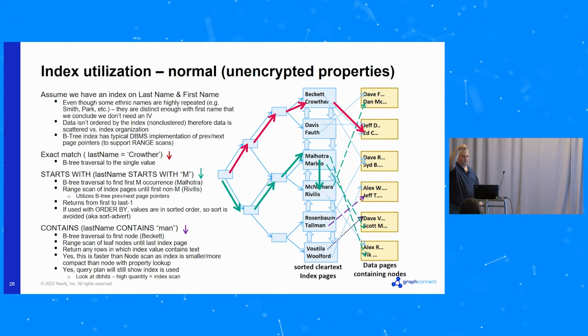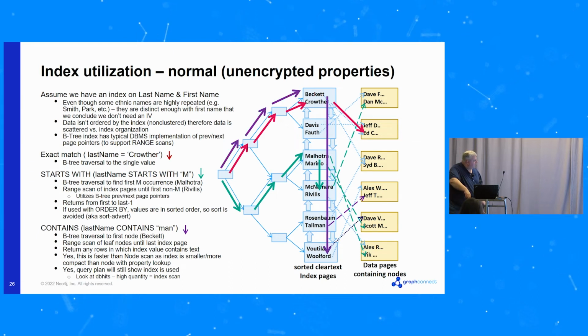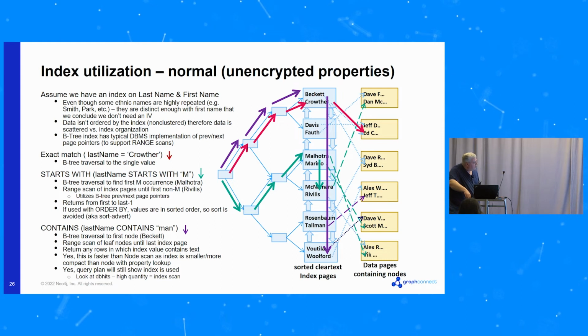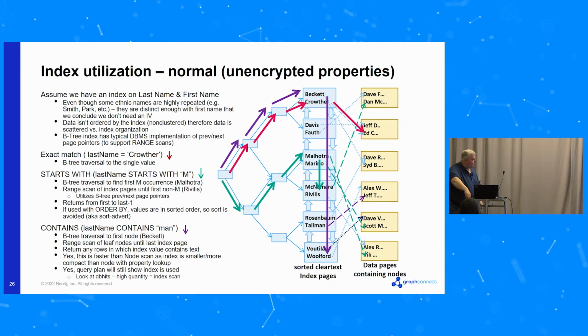You go to the first node, do a leaf scan down through, find all the M's. When it hits an end, you stop, right? Pretty easy from a query optimization standpoint. Find something that ends with MAN. Well, usually that means a leaf scan of all the index nodes and then following everything that ends with that. It's a little more work, but that's standard.